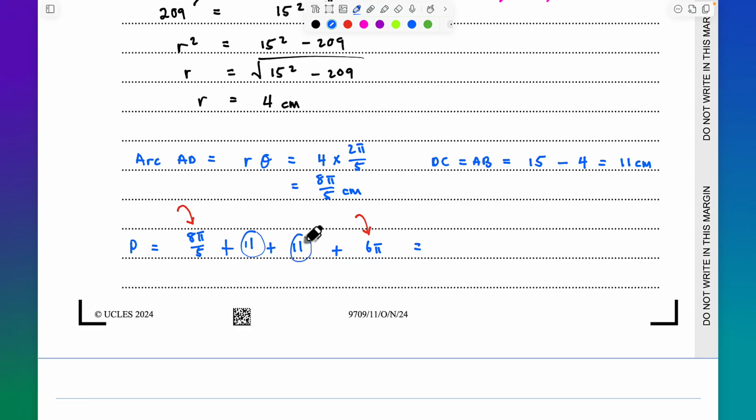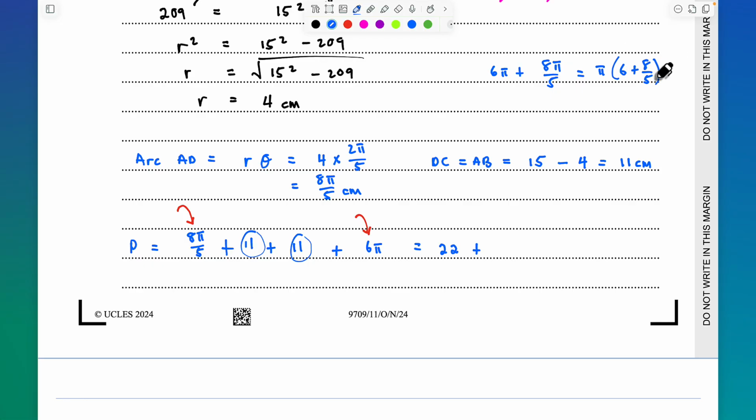Right, so we have those 2, which we can isolate, but we can work out these other ones over here, right? So this one and this one, 11 plus 11, this is going to give us 22. And then we can add our 6 pi plus 8 over 5 pi. I can just add 6 plus 8 over 5 in my calculator, because all I'm doing is factoring out the pi, and then all you're left with is 6 plus 8 over 5.